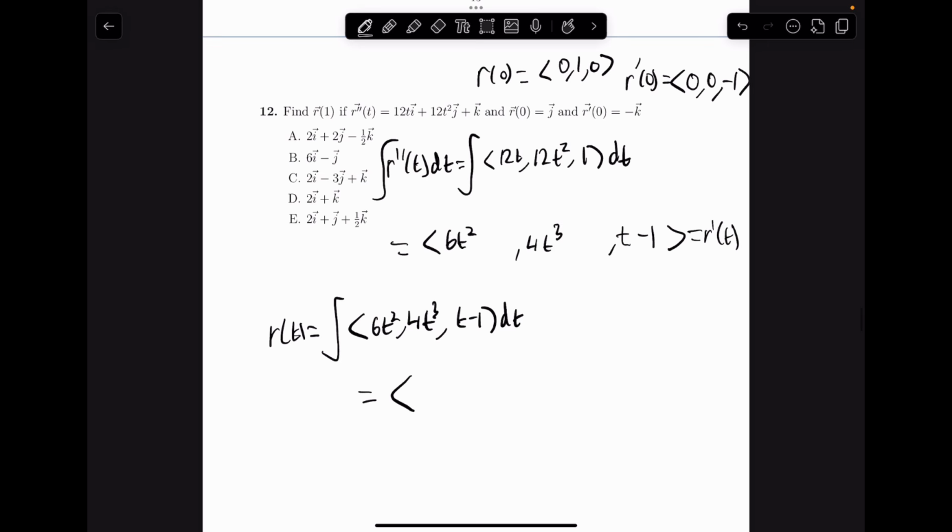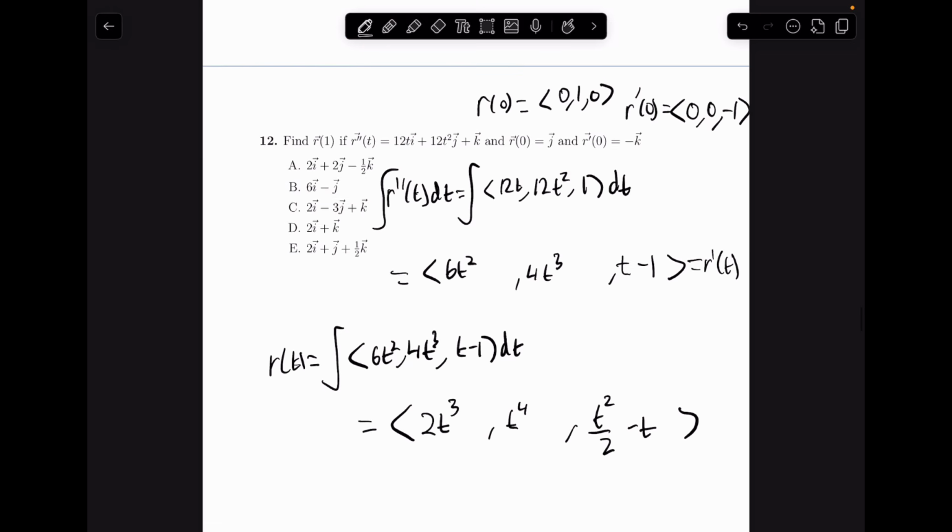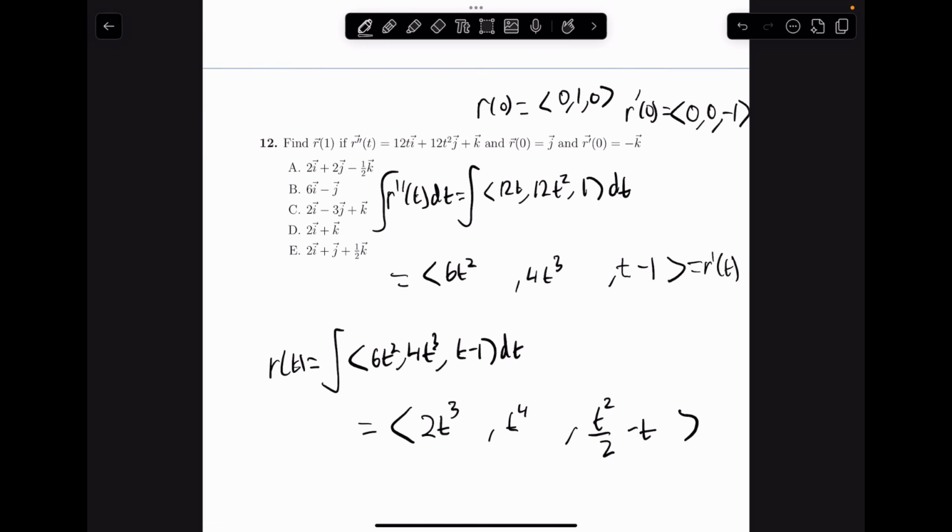And that is going to equal, let's see, did I do that wrong? 3t cubed. I did that wrong. 2t to the fourth power, and then t squared over 2 minus t.